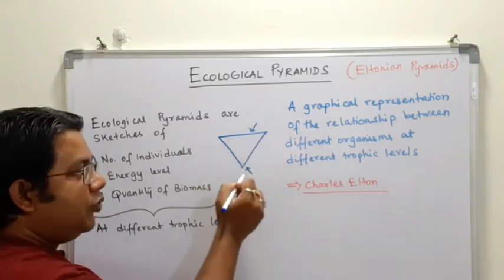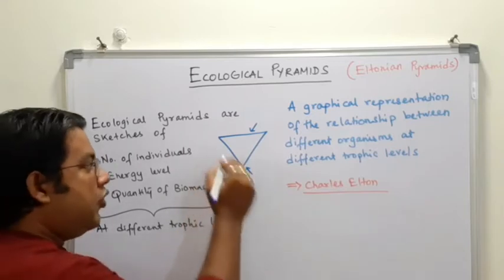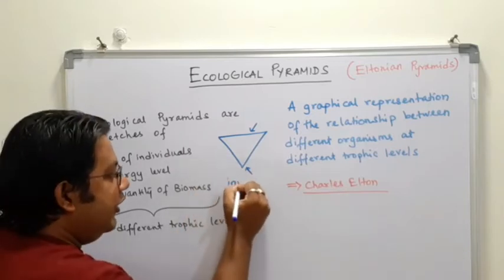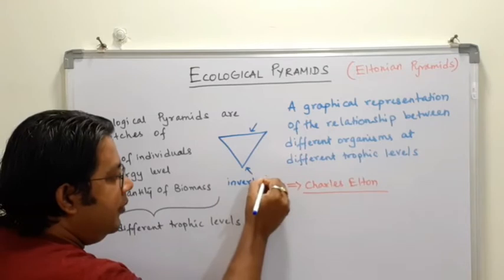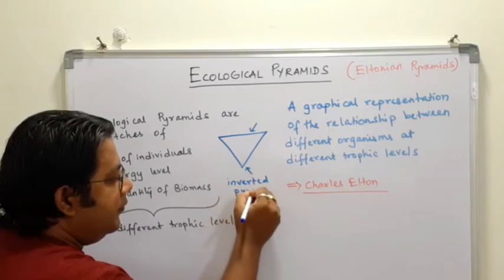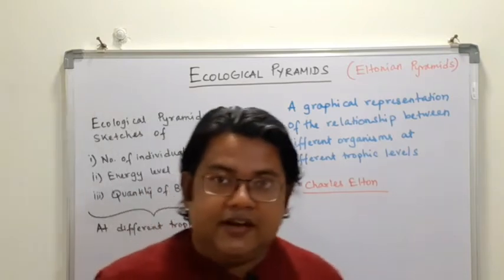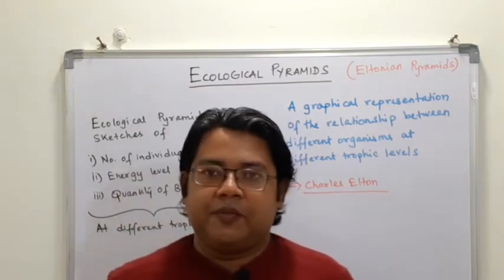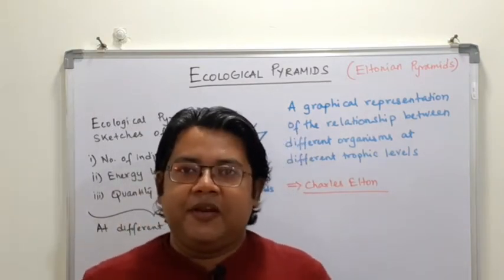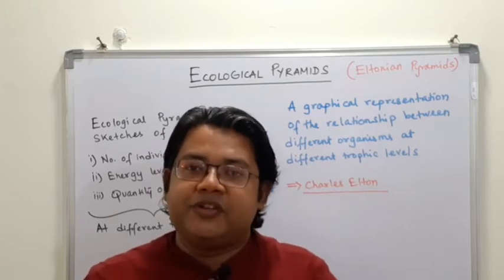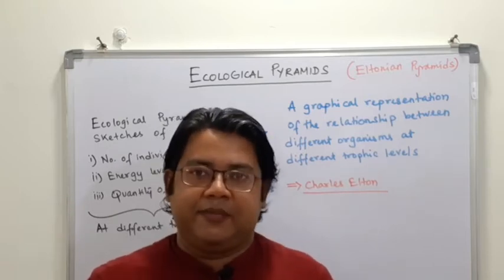If the pyramid is looking like this, we call it an inverted pyramid. So at first you have to understand by looking at the structure of the pyramid which type of pyramid is upright pyramid, which type of pyramids are inverted pyramids.